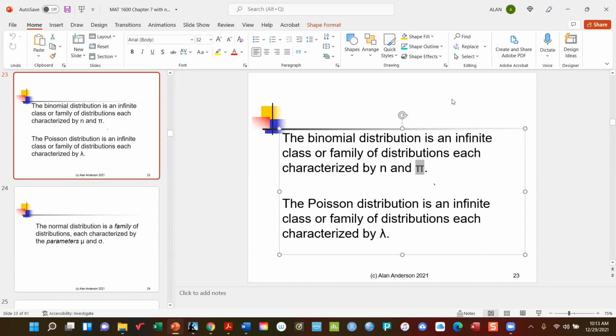If we had done the same thing with n, we would have also seen that the graphs look different. So with the binomial distribution, the two values that uniquely characterize it are n and pi. So here we say that there's an infinite number of binomial distributions, each of which is uniquely characterized by the values of n and pi. With Poisson, there's only one value that uniquely characterizes it, and that would be lambda.